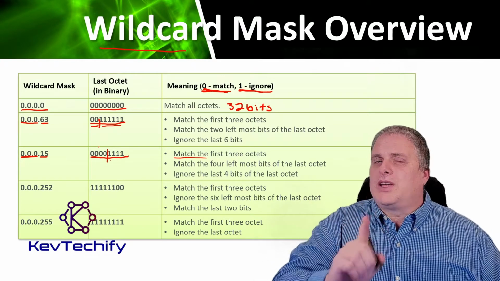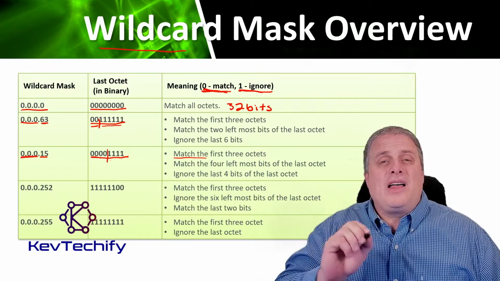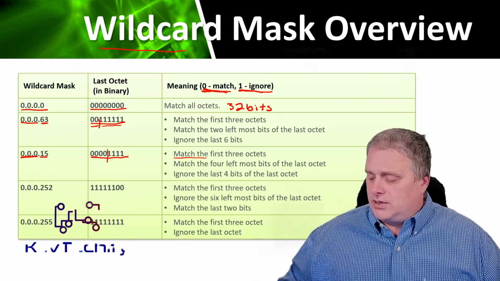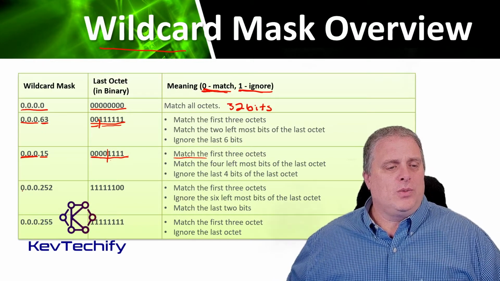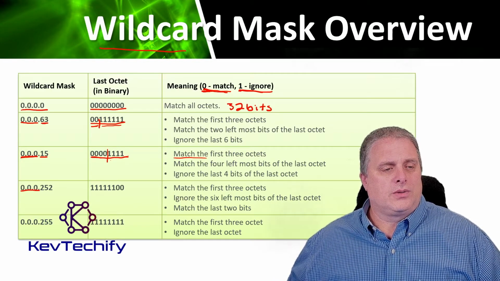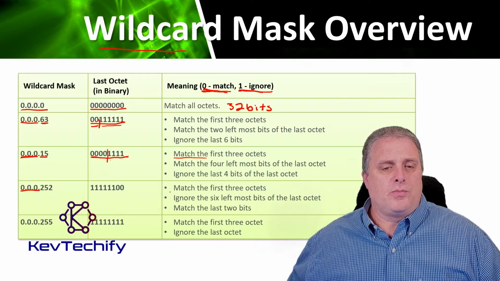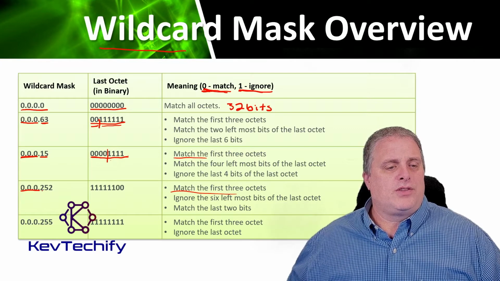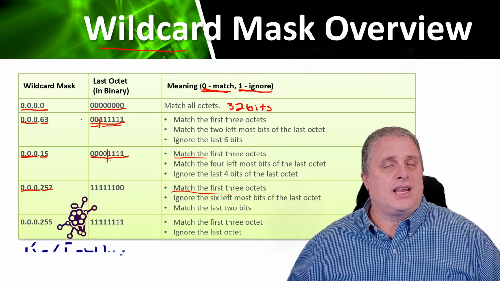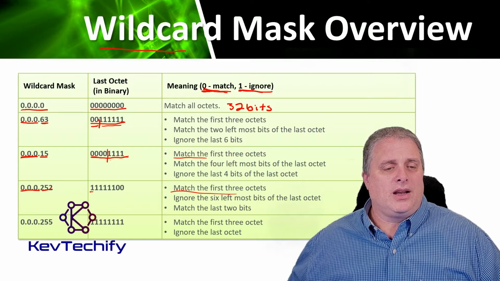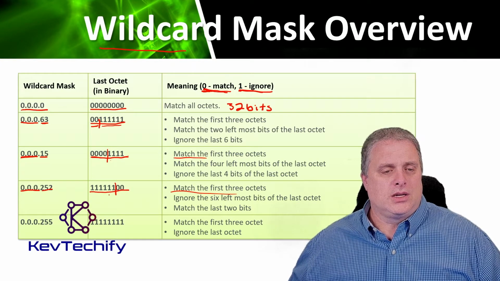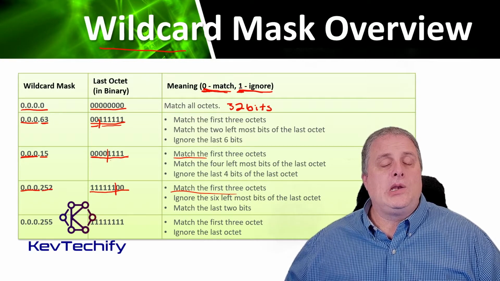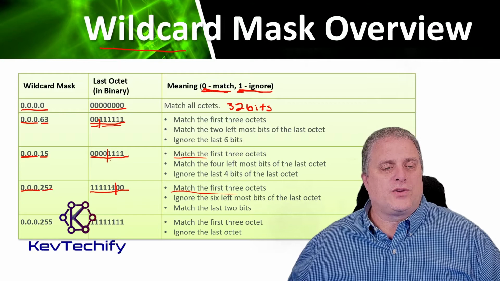Here comes another slight difference from the subnet mask. In a wildcard mask, you can switch back and forth between zeros and ones and zeros. In this example, we have three zeros, so we're matching the first 3 octets. Then we have 252, which in binary is 6 ones, so we're going to ignore those first 6 bits.